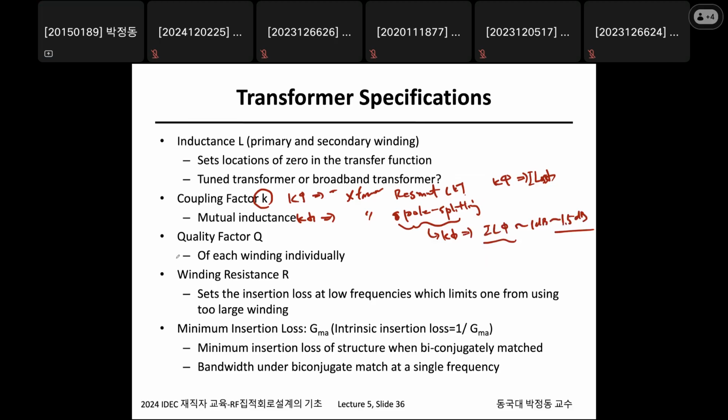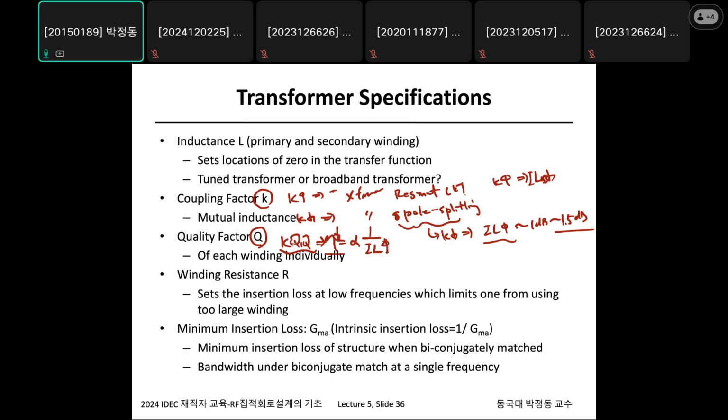Also, importantly, an important figure of merit is the quality factor. This quality factor Q1, Q2 multiplied by K defines the efficiency. Efficiency is inversely proportional to insertion loss, right? So if efficiency is low, insertion loss is high.